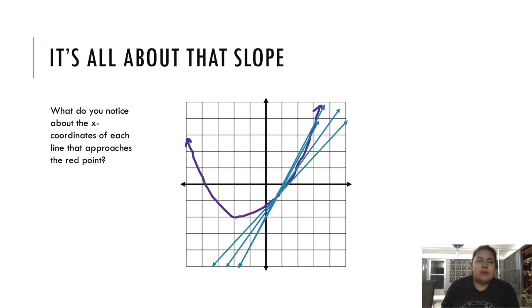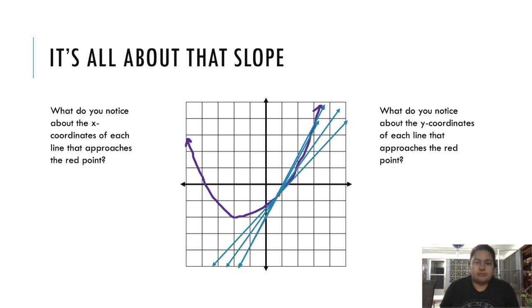What do you notice about the x coordinates of each line that approaches the red point? If we look at our x coordinate from the first line that we did, it looked like it was about 3, and then it looked like it was touching the graph at 2, and then at like 1.5. So we notice that our x coordinate is getting closer to the x coordinate of the red dot, so the distance between them is getting shorter.